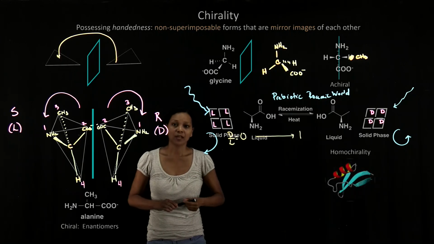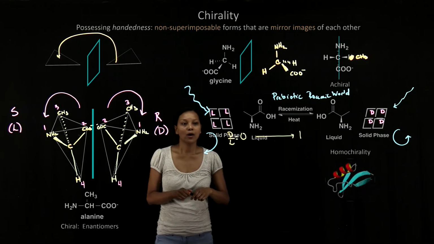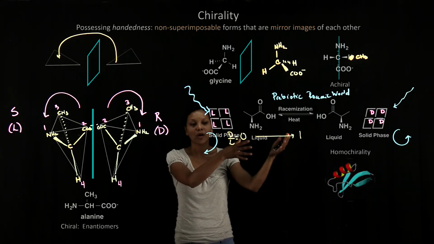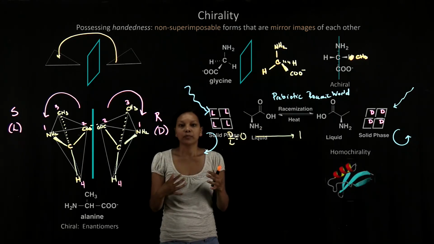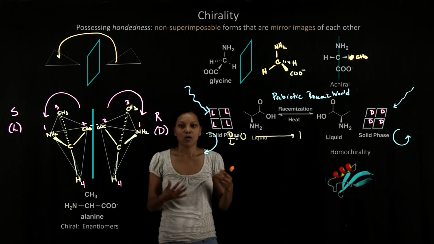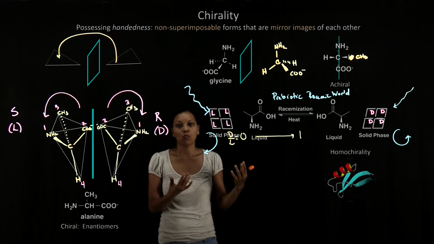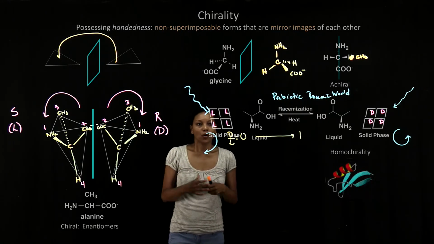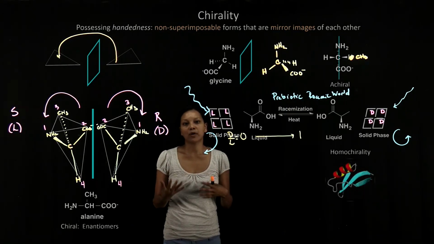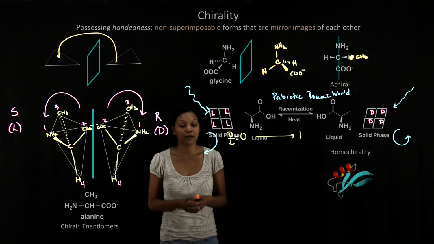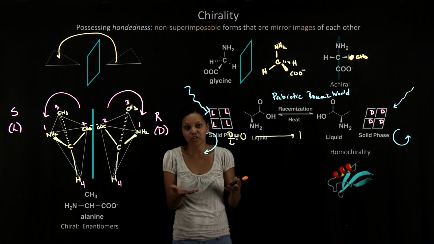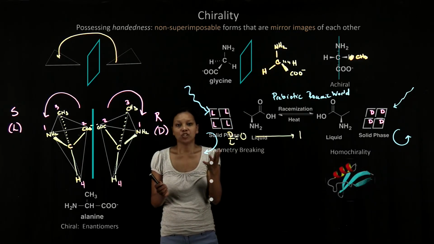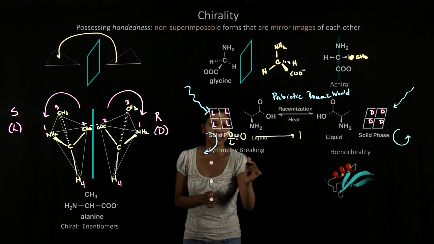And so we want to think about how something can go from an equilibrium process where you have a racemic mixture to a far from equilibrium process where you have enantiomer enrichment so that one type of enantiomer exists. And so the way that we can rationalize that this could have occurred is through a process called symmetry breaking. In symmetry breaking, one of the things that you would need is biasness.